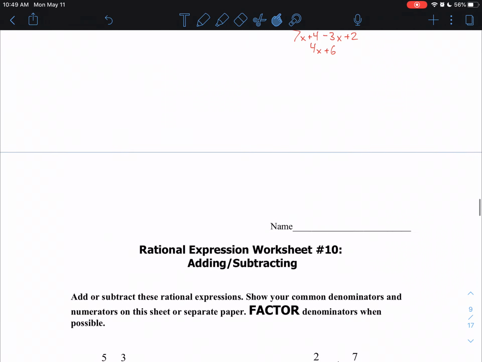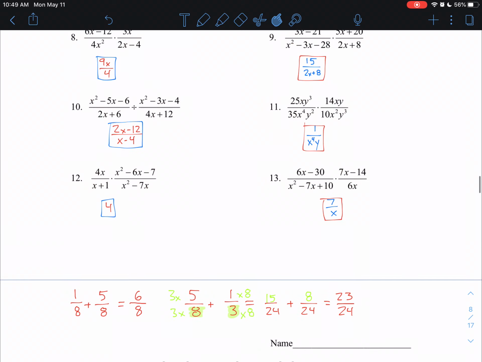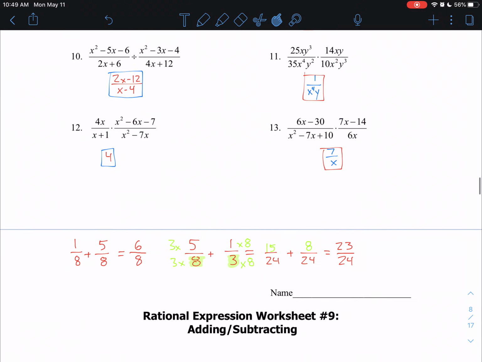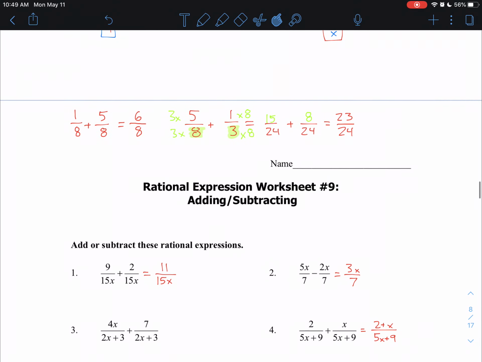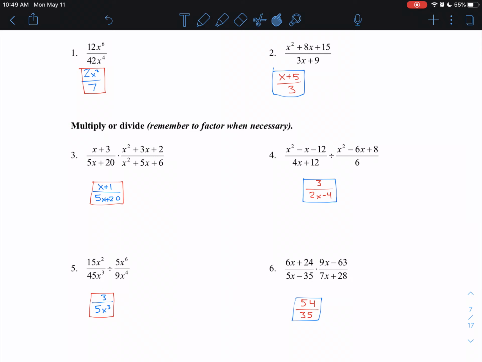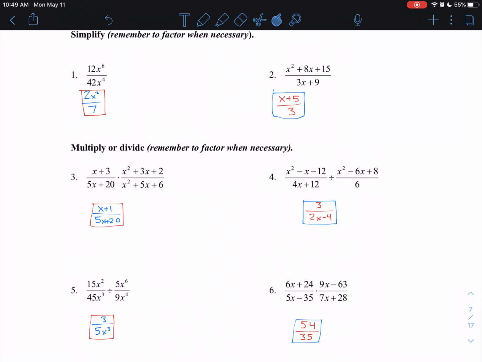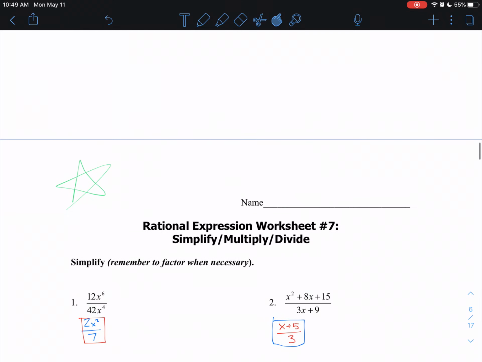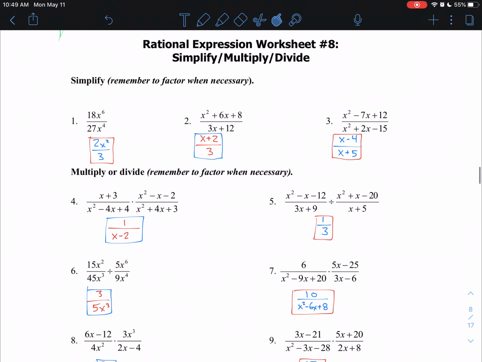We know that we're going to be doing multiplying or dividing because there's a multiplication sign or division sign in the actual equation.